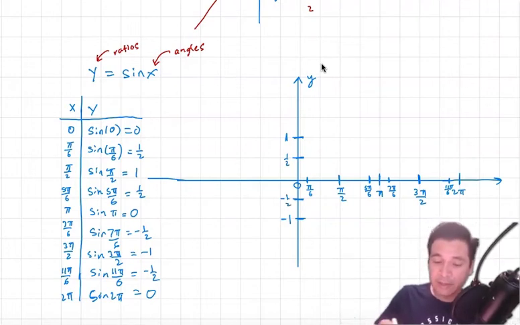We said that at x equals 0, y is 0. So therefore that's going to correspond to the origin. At pi over 6, the y value is 1/2. So we're going to go pi over 6 units to the right, and then 1/2 unit up, and plot our point right there. At pi over 2, the value is 1.